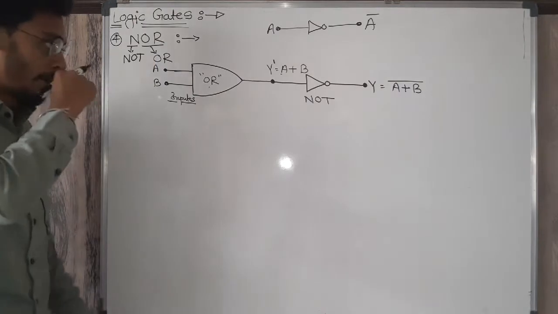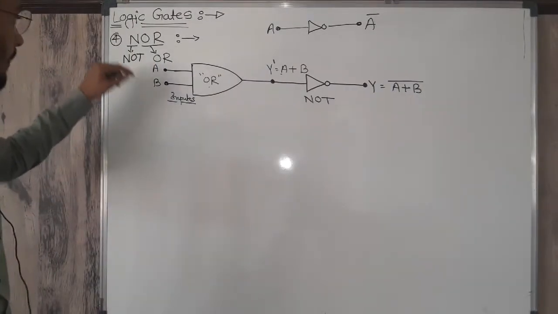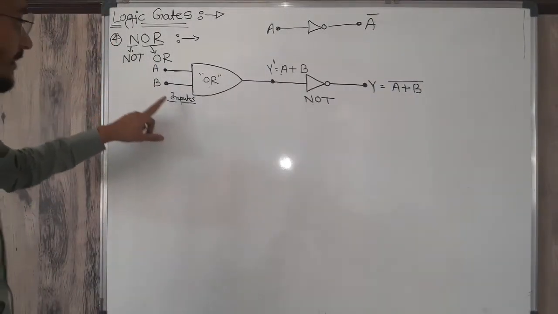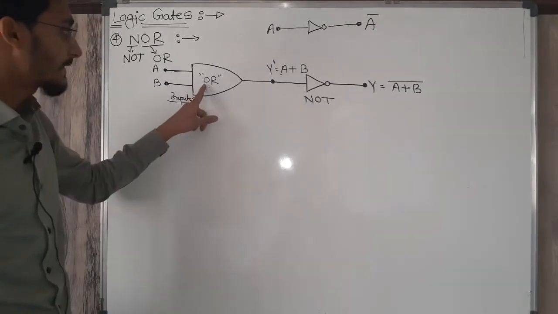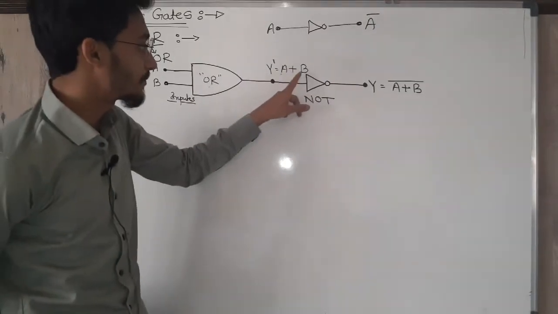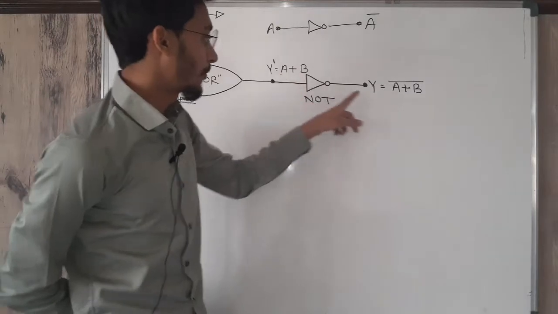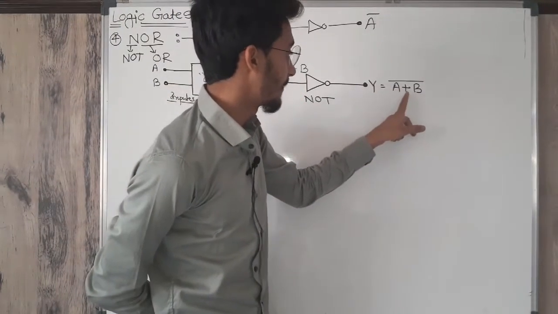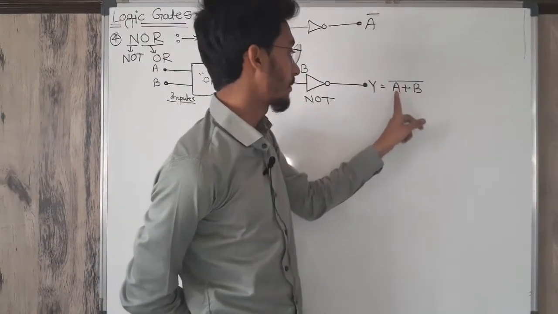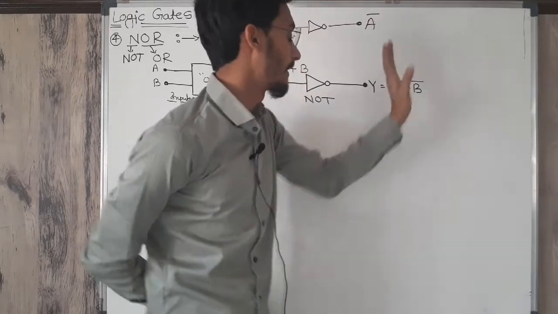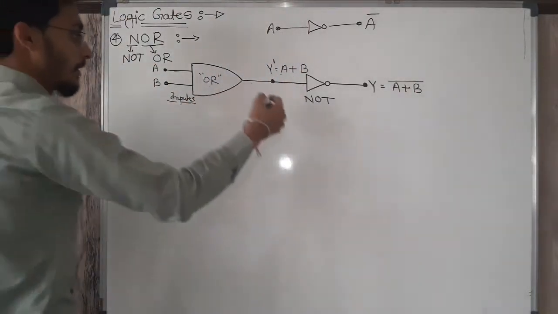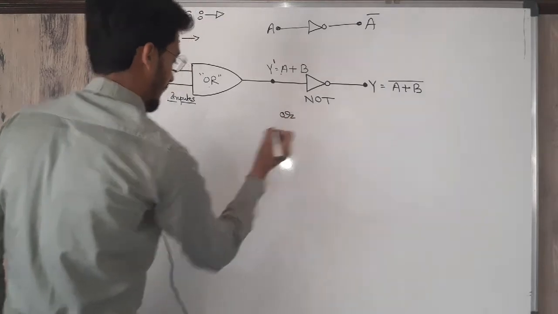Very simple. Okay. So A and B are the inputs, then the OR gate outputs A plus B, and the NOT gate outputs A plus B bar, not A bar plus B bar, right? A plus B bar. Okay, final. And one more type of representation is like this.